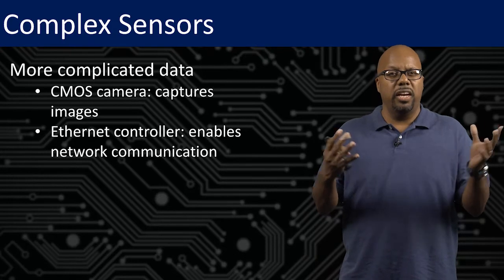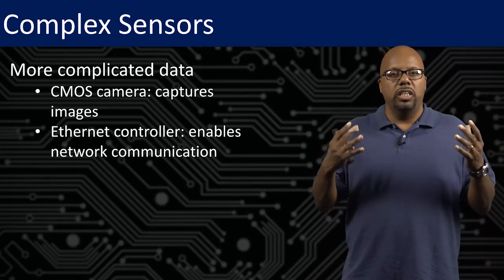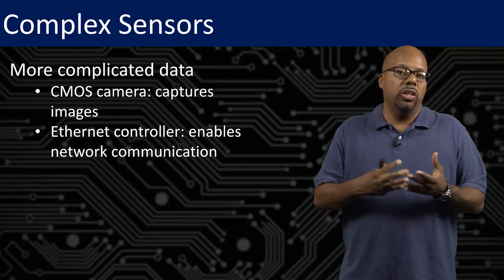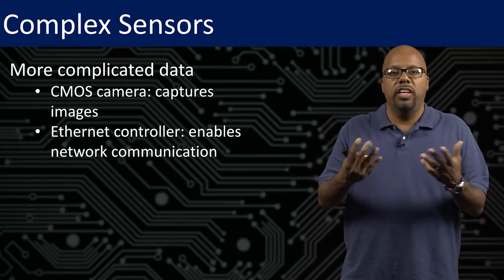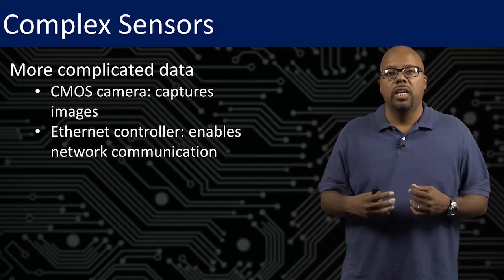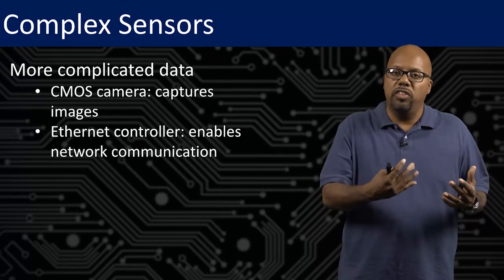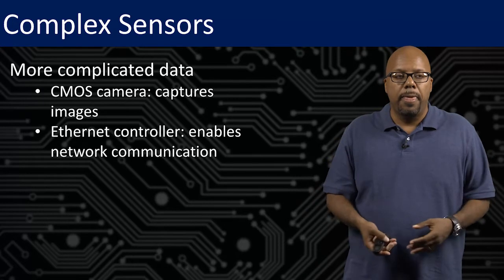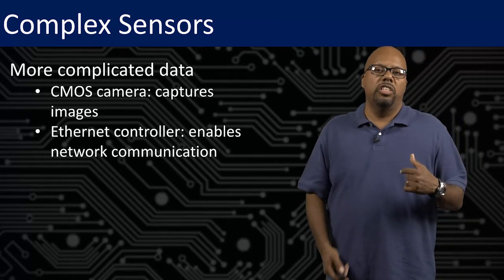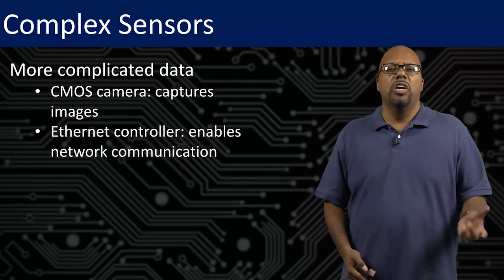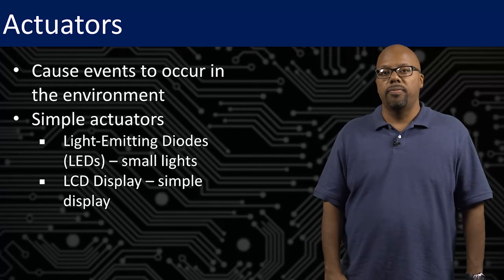Whether that's a sensor or not is sort of a judgment call. But an Ethernet controller will allow you to receive information from the network. That information, you can call sensing not necessarily from the physical world, but sensing from the network. And the type of information that we receive over the network can be very complicated. So that's a more complicated form of a sensor, more complicated to use.